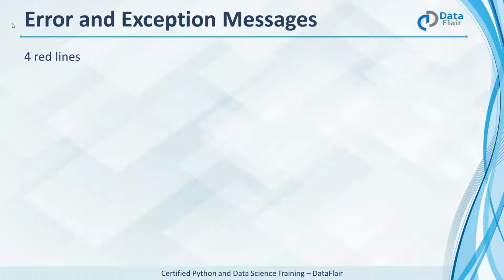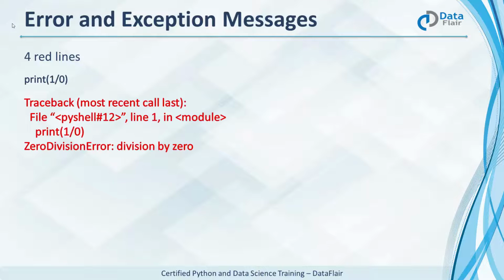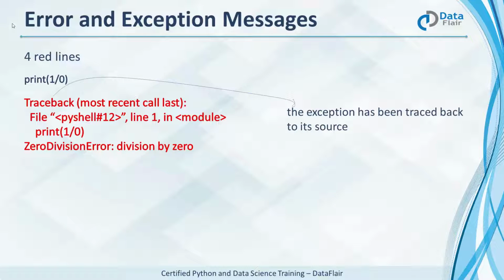An exception is Python's way of telling you something has gone wrong. It throws out 4 red lines in your face while providing a useful traceback to what caused the exception. This code raises a ZeroDivisionError. The exception is traced back to its source, the exception generated at line 1.